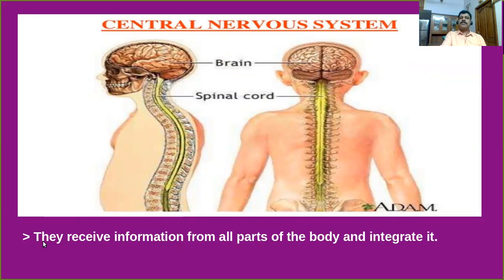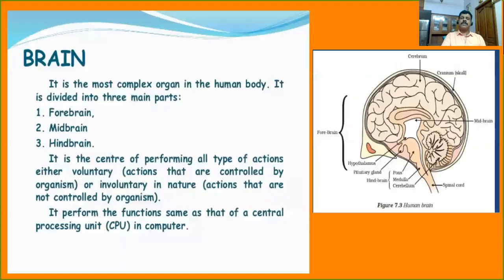The central nervous system receives information from all parts of the body and integrates it. As a result, our body is able to respond according to the stimulus. Now we are going to discuss in detail the central nervous system. First of all, the structure of the human brain.